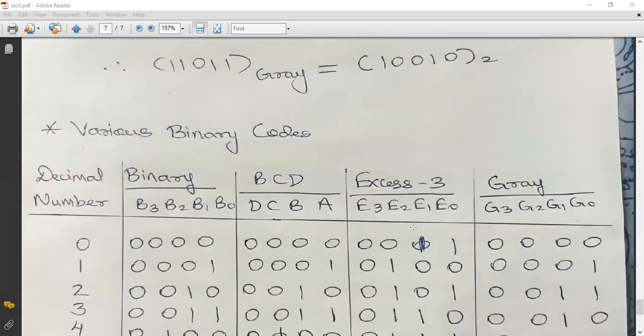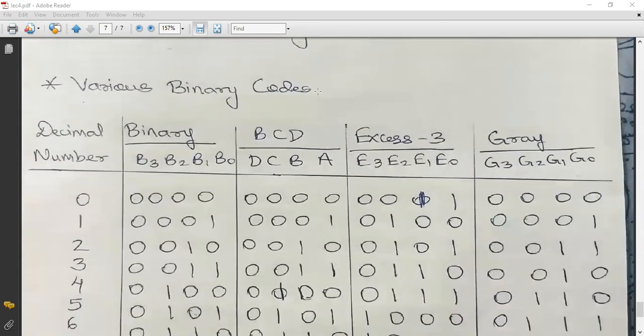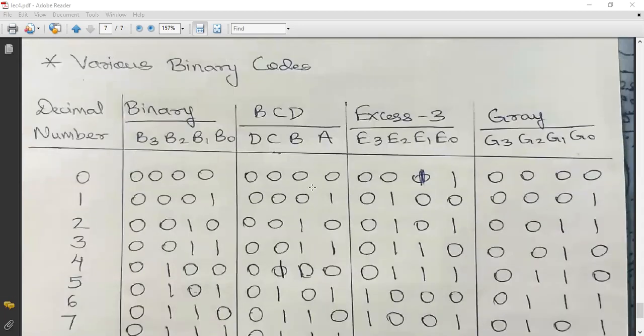Now this is the table for various binary codes. Let us see its explanation. Actually, it is a representation, but how these numbers are written is what we are going to see. The first number is decimal 0. The binary form of decimal 0 is four 0s.